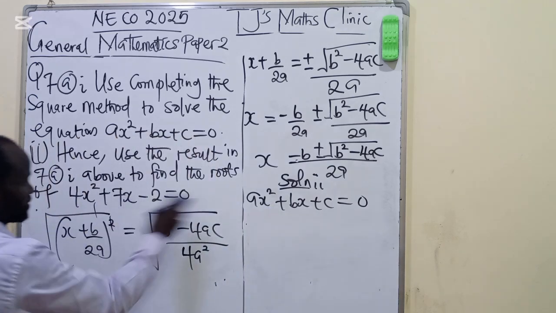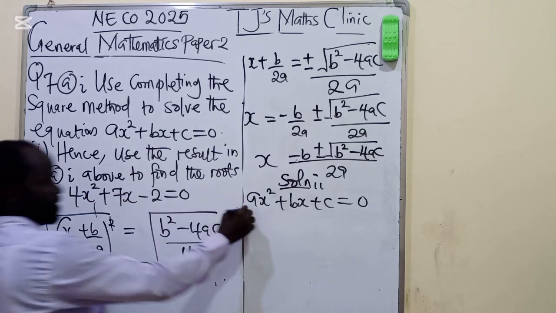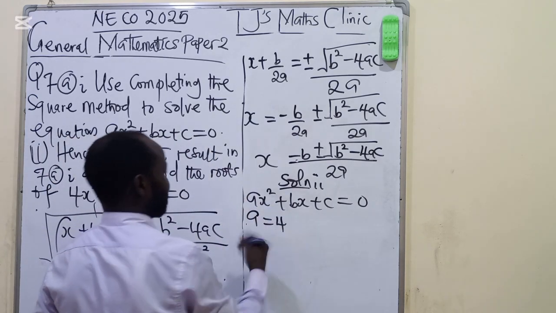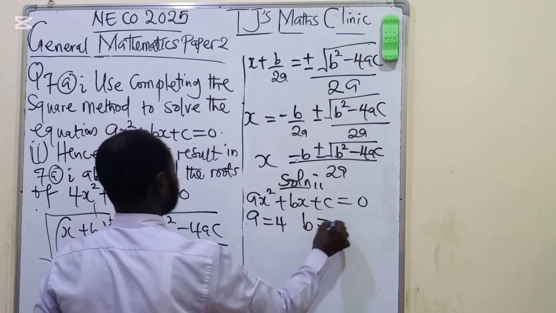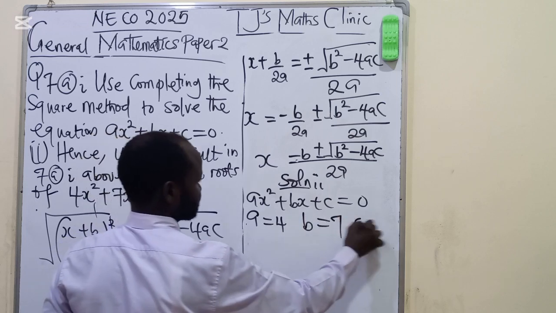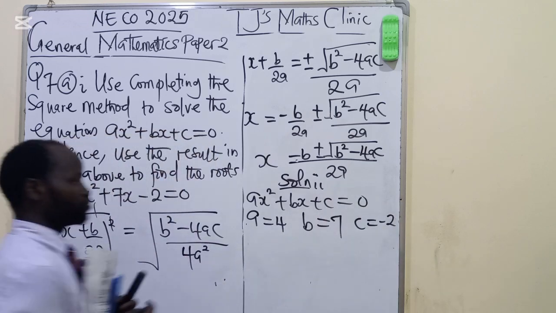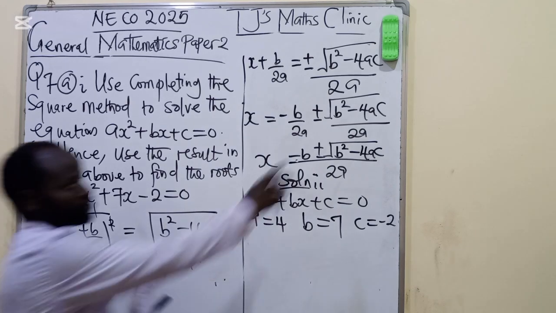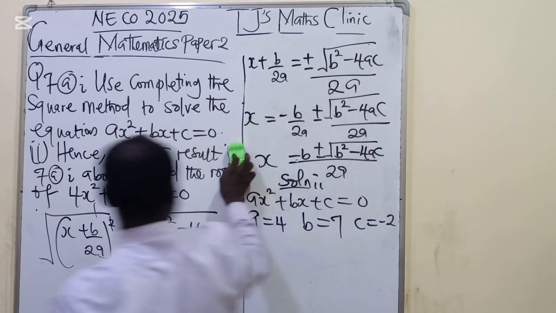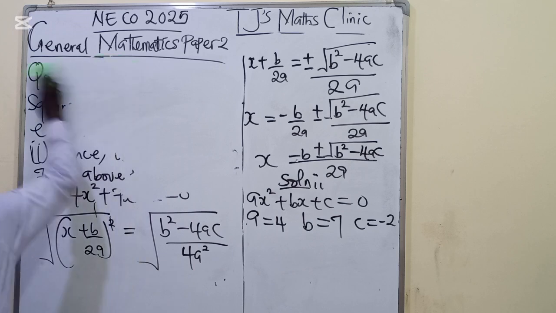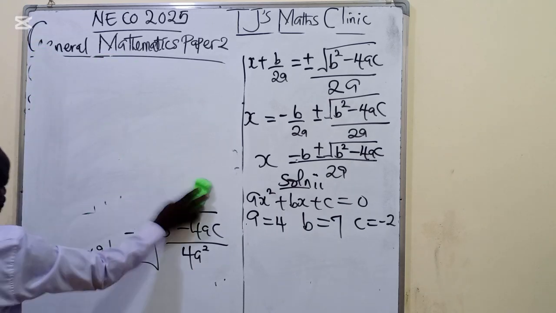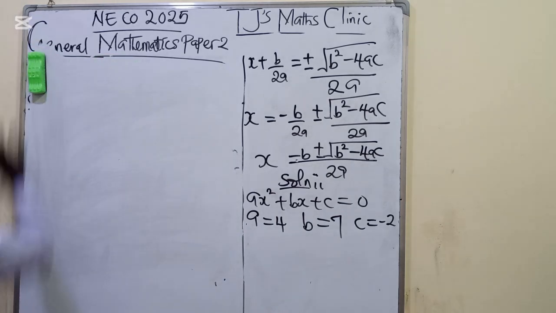So let's compare this. It means a is 4. Our a is 4 by comparing now. b is 7. Then the constant c, of course, is −2. So it's just a question of substituting into this general formula. Permit me to clean the question now so that we can do the substitution. Let's substitute.